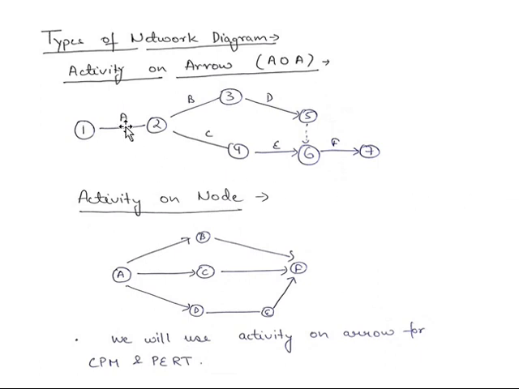That means representing the activities, that is A, B, C, D, exactly at the center of the arrow, or else representing them exactly at the node itself: activity A, activity B, activity C, activity D, activity E, activity F at the node. In most cases we can follow this one. When you have letters A, B, C, D, E, F, we try to follow this method, that is, activity on arrow.